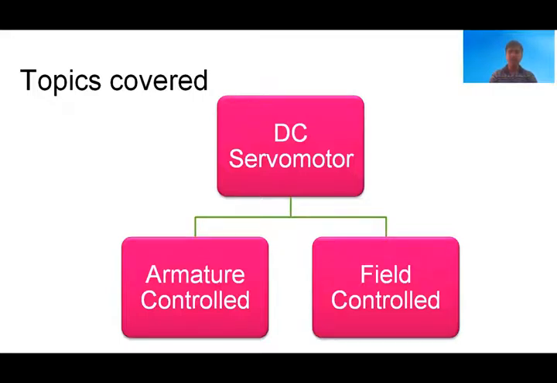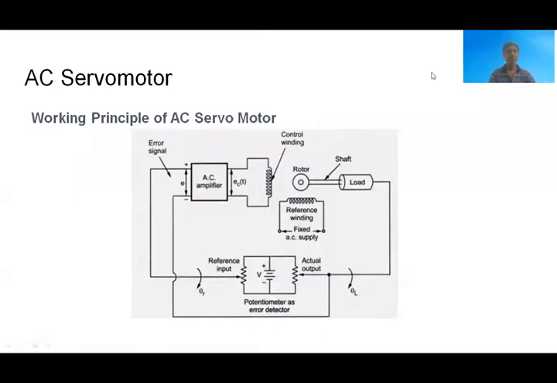Now we'll go to the mathematical modeling of AC servo motor. The AC servo motor is a two-phase induction motor. In the normal induction motor, the rotor resistance is very small, thereby the X by R ratio is very large. Therefore, the torque speed characteristics are nonlinear.